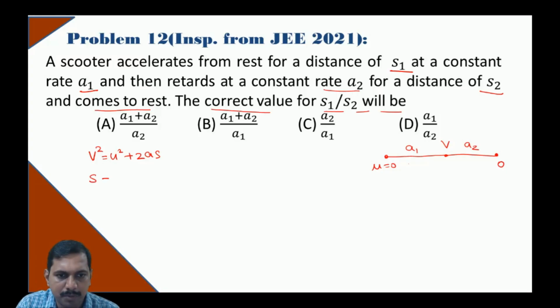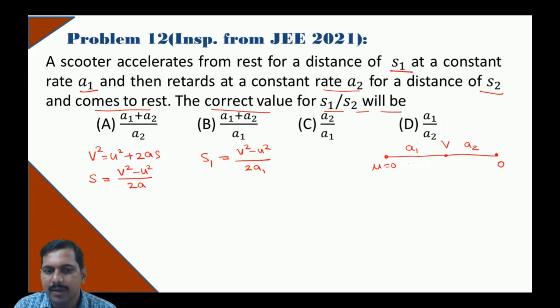So s would be equal to v square minus u square divided by 2a. So let us have s1 is equal to v square minus u square divided by 2a1, and s2 is equal to v square minus u square divided by 2a2.